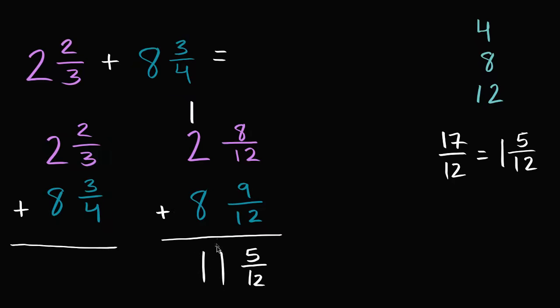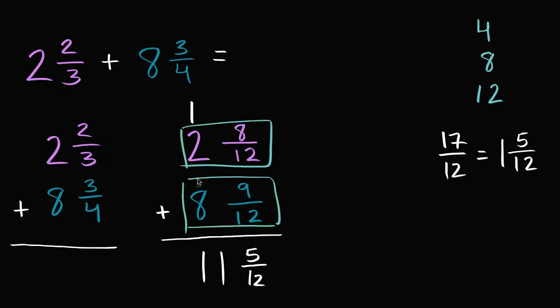11 and 5/12. Now there's other ways that we could have tackled this. What we could have done is gone from this place right over here, the 2 and 8/12 and the 8 and 9/12, and we could have converted these into improper fractions, then added those improper fractions. So we could have said that this is the same thing.